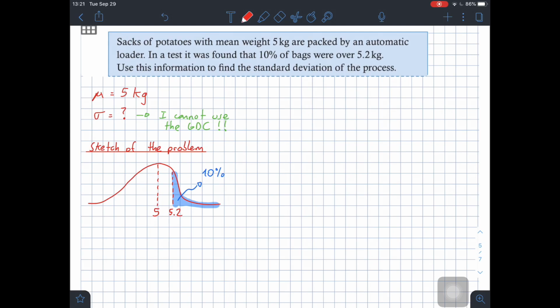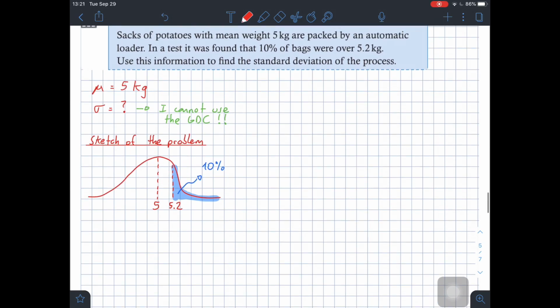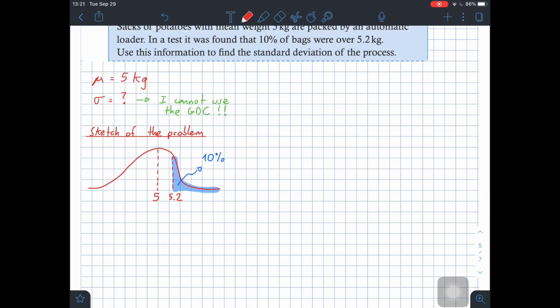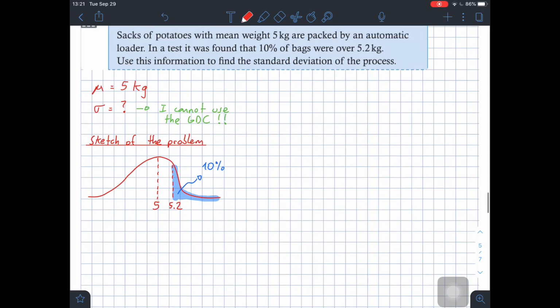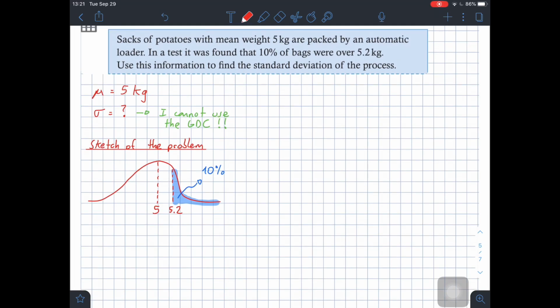In this type of problem, where I do not have the mean or the standard deviation, I will have to apply the concept from the previous class: the standardized normal distribution.